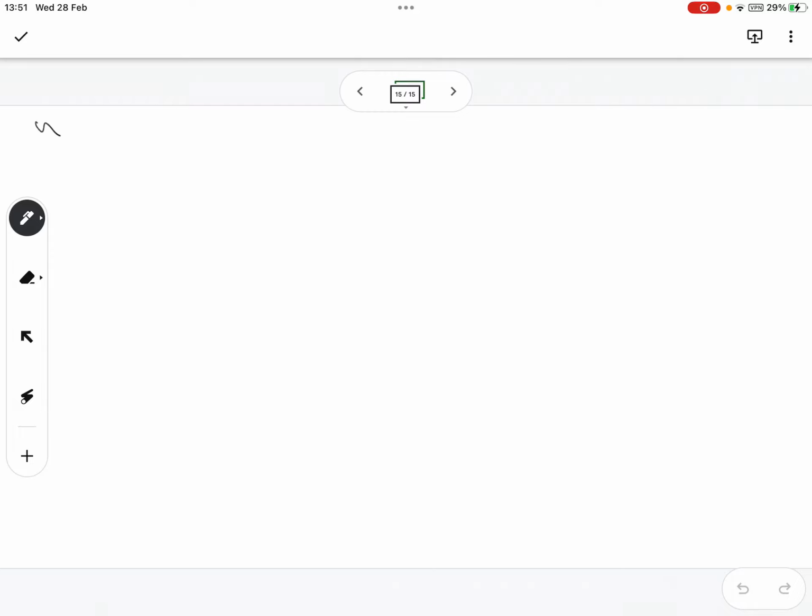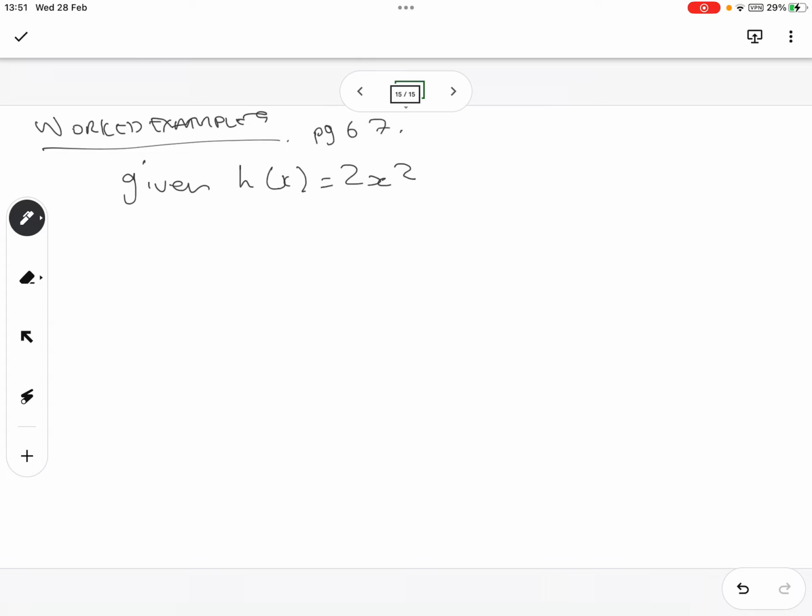Sounds like bush. Okay, let's do worked example 9 on page 67. And it's about finding average gradient with the same types of problems, right? So we're given h of x equals 2x squared, and x is equal to or greater than 0.